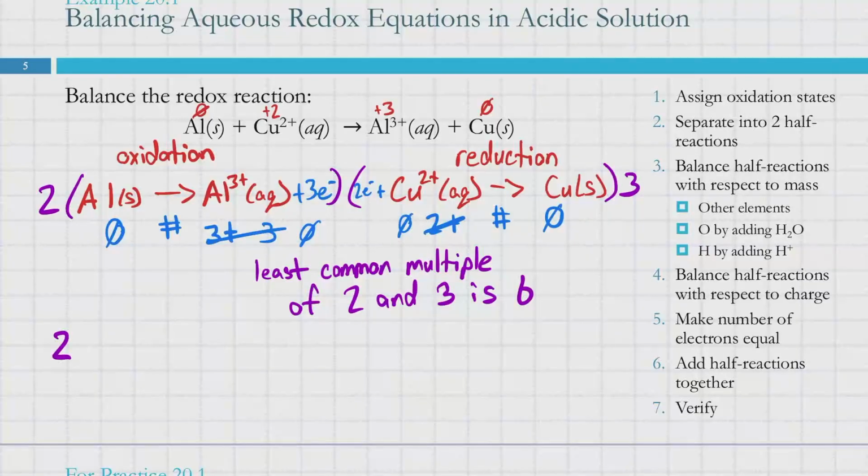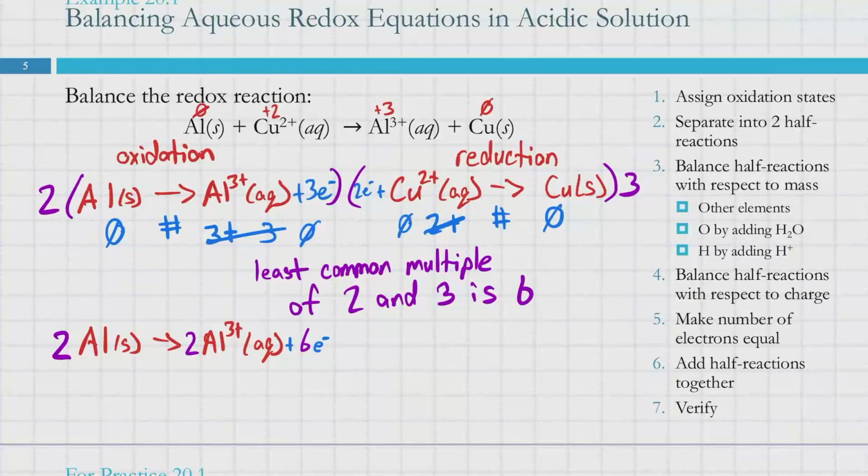So we're going to have, for our oxidation, 2 aluminum going to 2 aluminum ion plus 6 electrons.